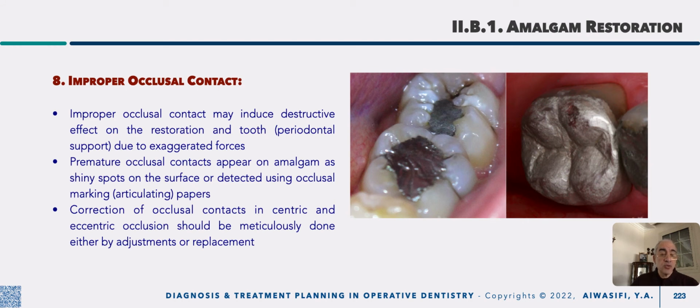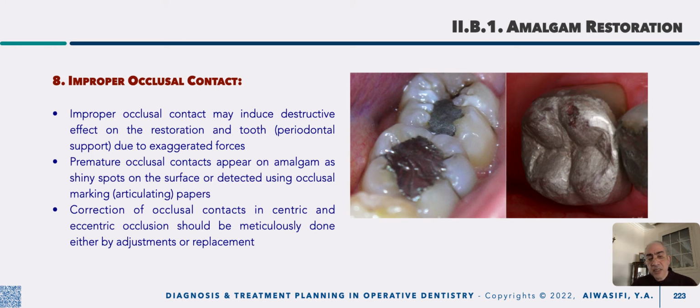That's why you should either replace the amalgam, or at least in certain minor cases, check the occlusion, and finish and polish your restoration. You do not need to replace your amalgam in all cases.